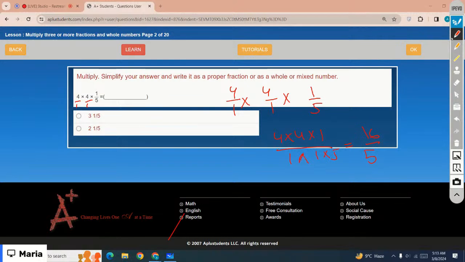So when you divide, just divide 16 by 5. 5 times 3 is 15 and 16 minus 15 is 1. So that is 3 whole 1 over 5. The correct option is 3 whole 1 over 5. Got it?